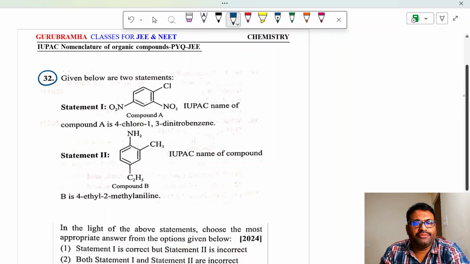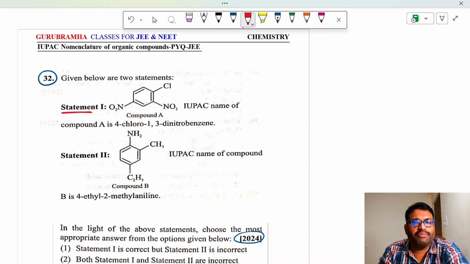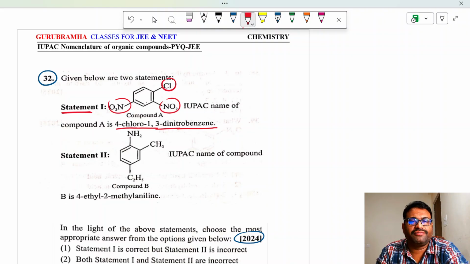Question number 32, asked in 2024. Statement 1: IUPAC name of the compound A is 4-chloro-1,3-dinitrobenzene. See, chlorine and nitro, all are substituents. When all are substituents, what numbering do you follow? You follow this numbering: 1, 2, 3, 4. What rule?